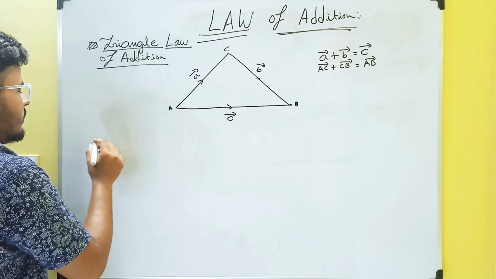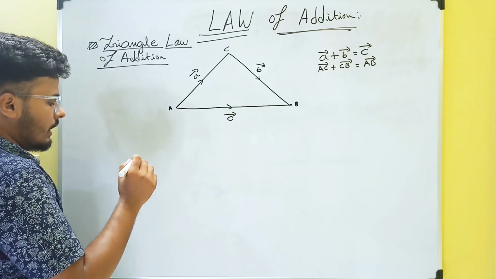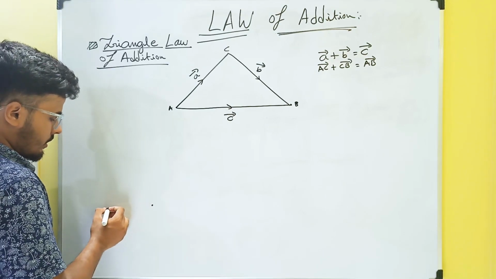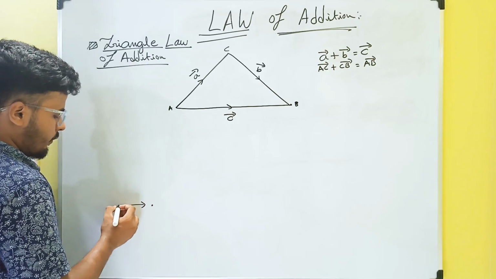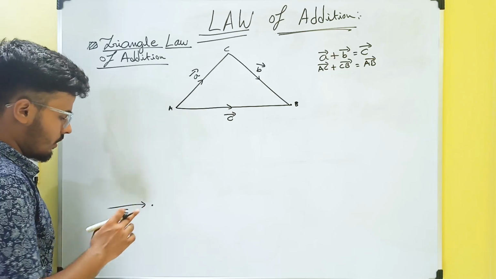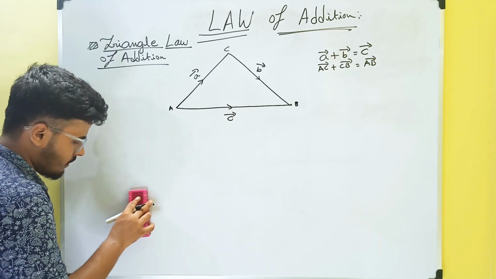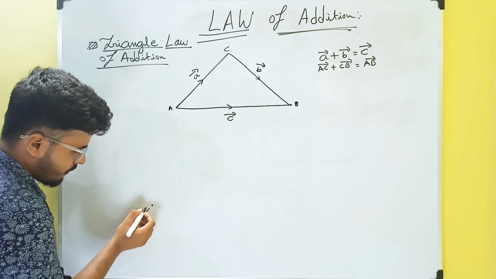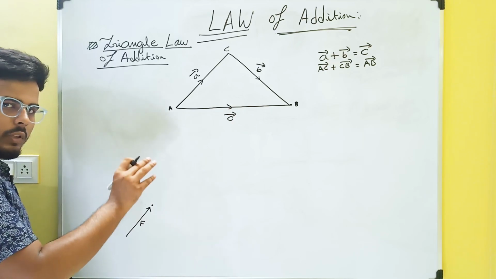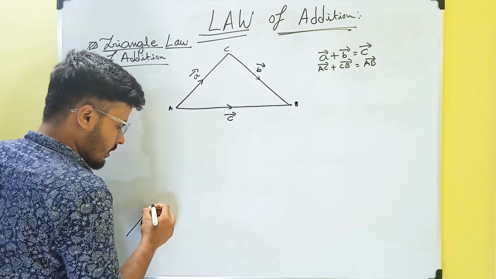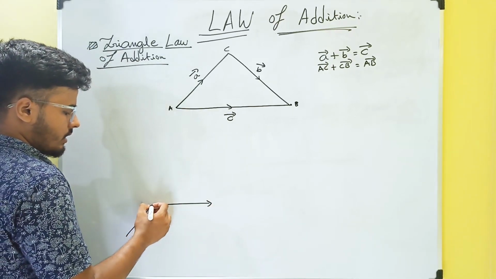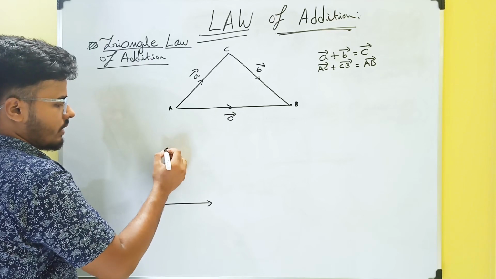Now we have another law. Let's say this is a point and you applied force on this point, maybe like this. Maybe some of the force applied can have its impact in this direction and some in this direction.